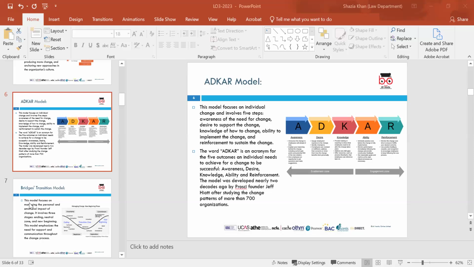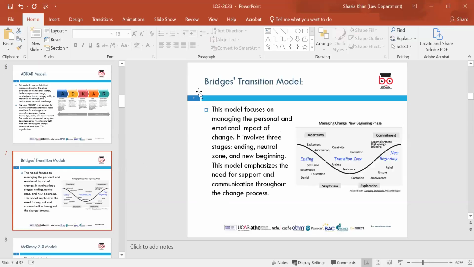The next one is the Bridges transitional model, and this is another model that's used quite a lot. It's a framework that guides organizations through the process of transitioning. This was introduced by William Bridges, a prominent organizational consultant, and in his book he looked at making the most of change, so why change had to occur, why there was a need for difference when coming to transitioning.